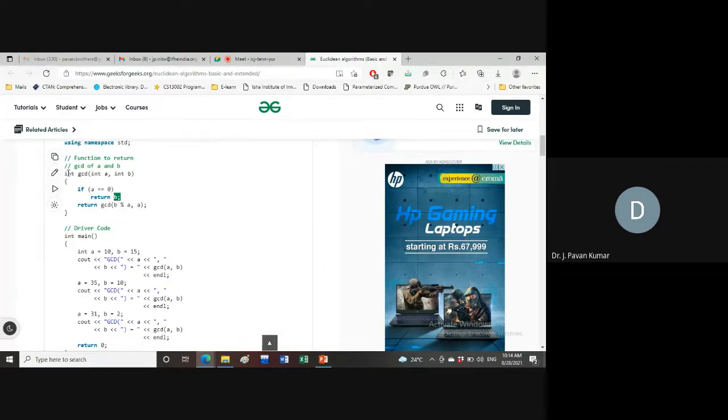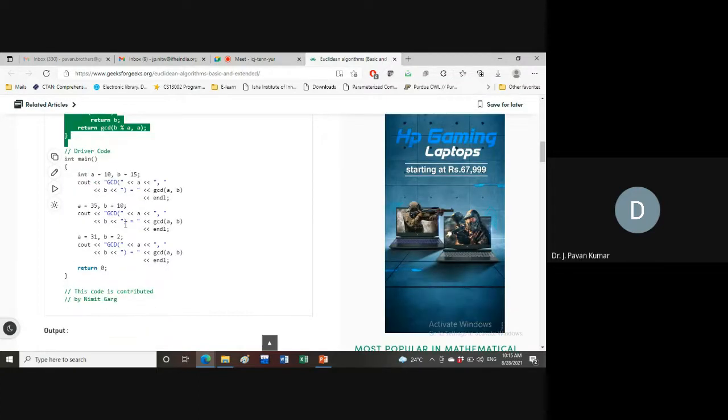So this is the function to depict Euclid's algorithm to calculate GCD, and there is an extended version of it as well.